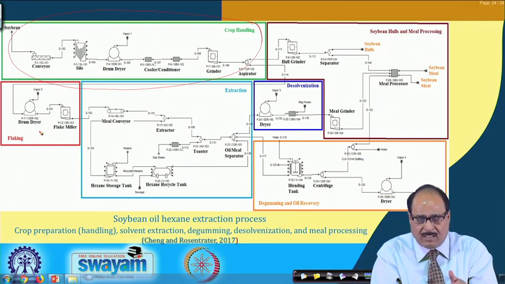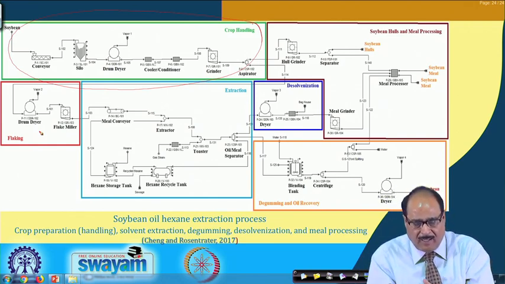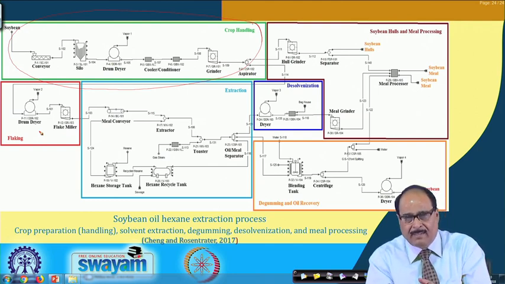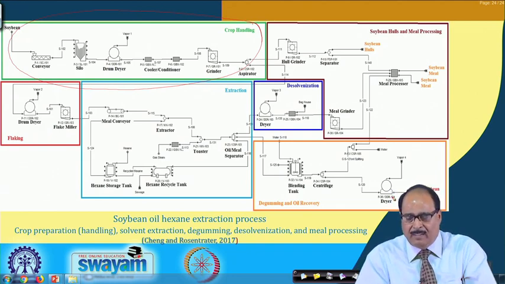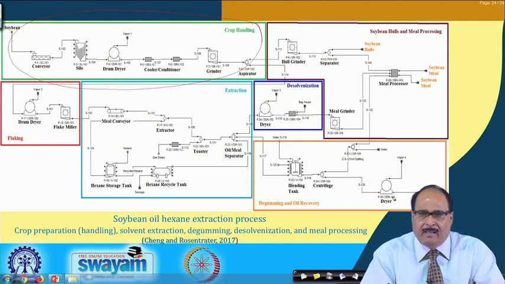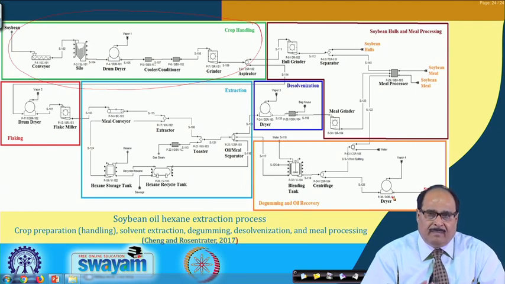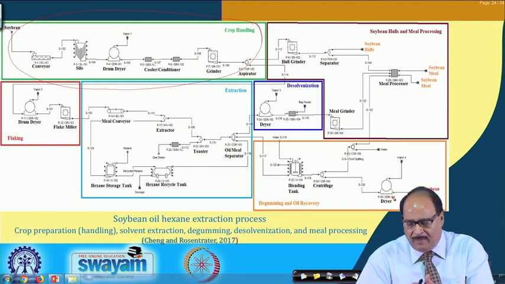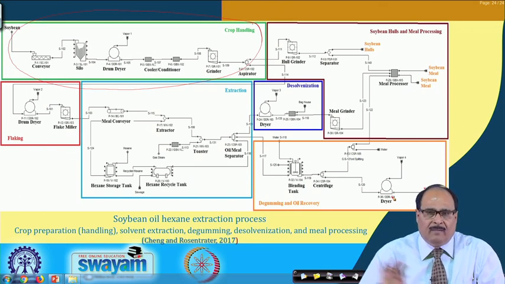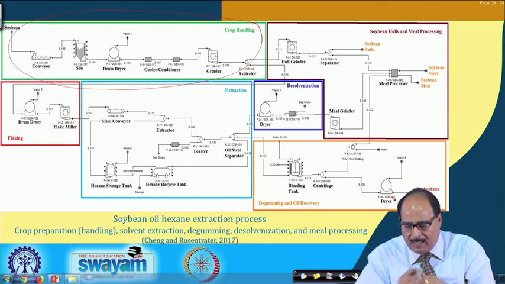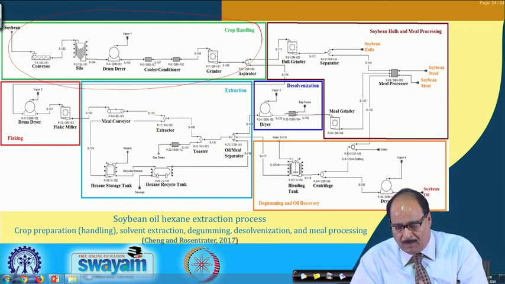From the solvent extraction you get the oil and miscela, then it goes to miscela desolventizing or oil recovery and meal desolventizing, and finally the meal and oil both are obtained. This meal can be further sent for food preparations, as can the oil which is obtained.